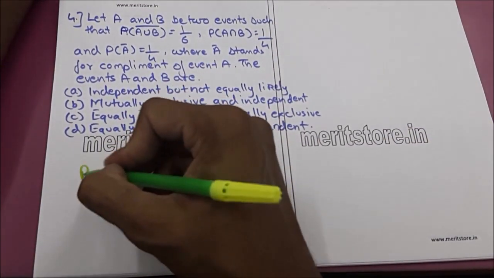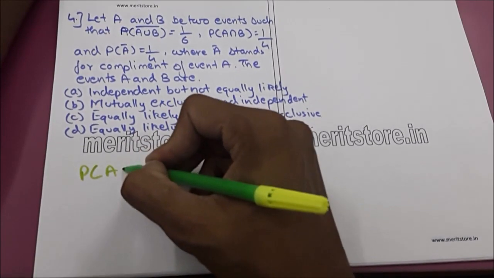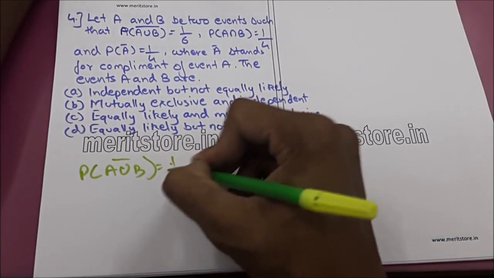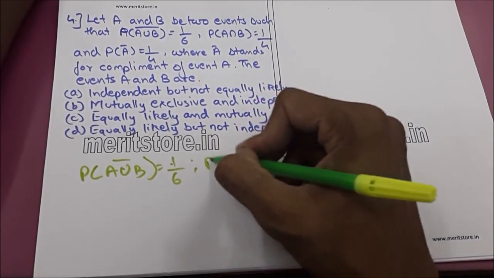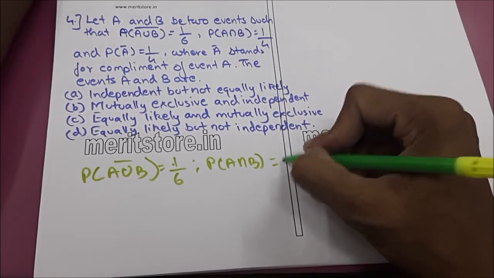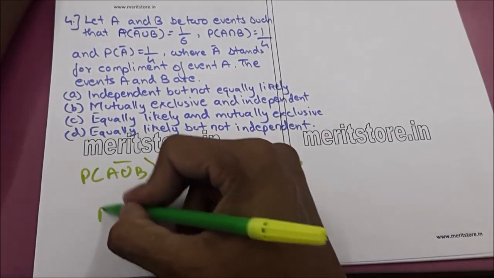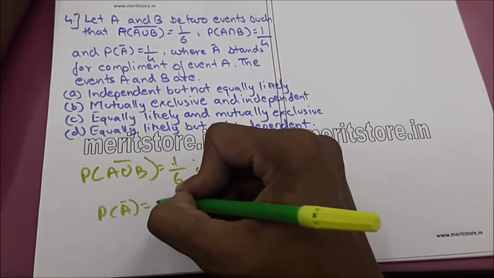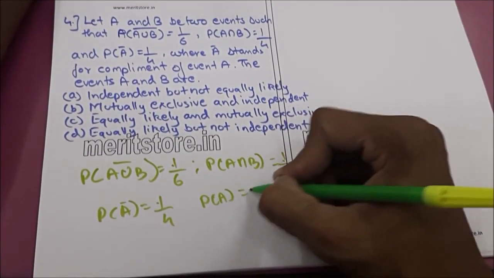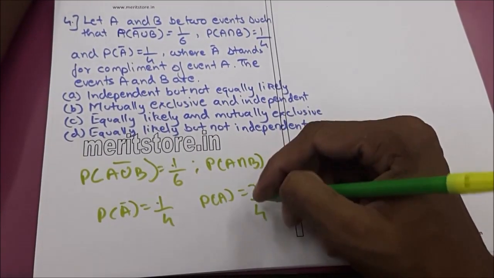We have probability of A union B bar is equal to 1 by 6. Probability of A intersection B is equal to 1 by 4. Probability of A bar is equal to 1 by 4. So probability of A is equal to 3 by 4.